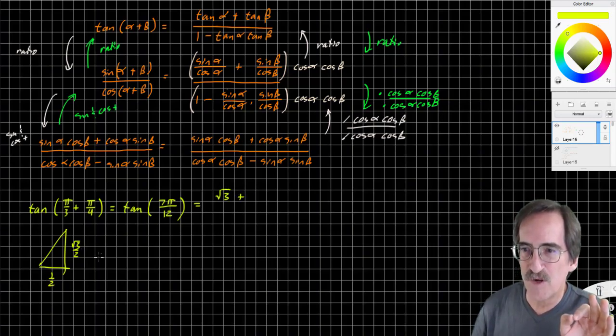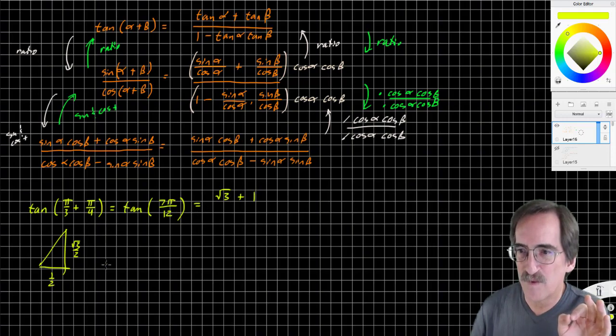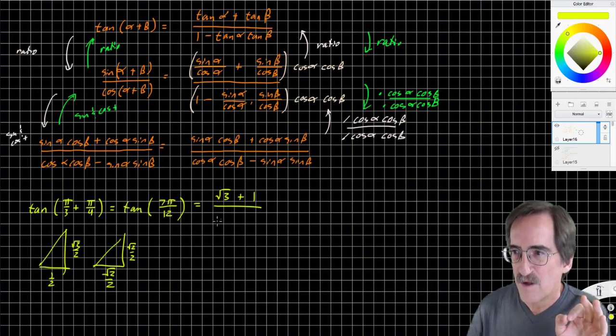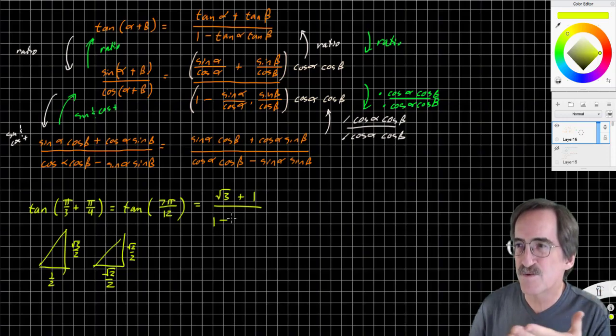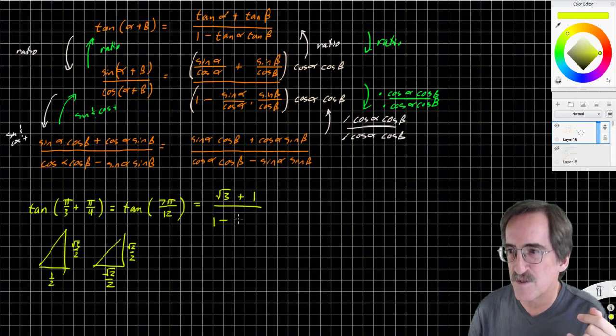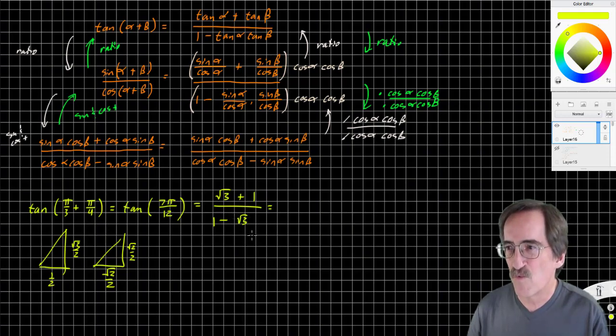Plus tangent of pi over 4, that's 1, because you're talking root 2 over 2 over root 2 over 2. Over 1 minus tangent, and this is the cool thing, you only have to do tangents and no other trig functions, root 3 times 1. So root 3 plus 1 over 1 minus root 3.